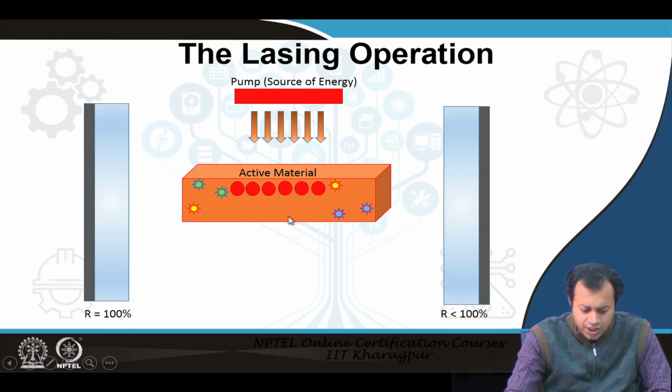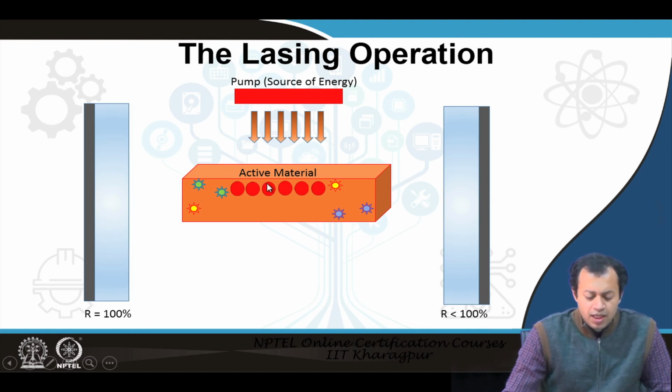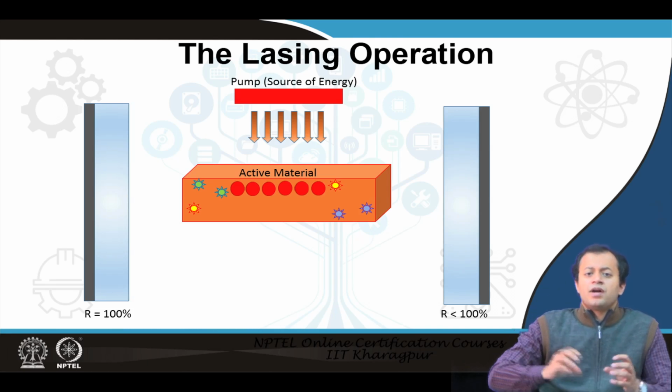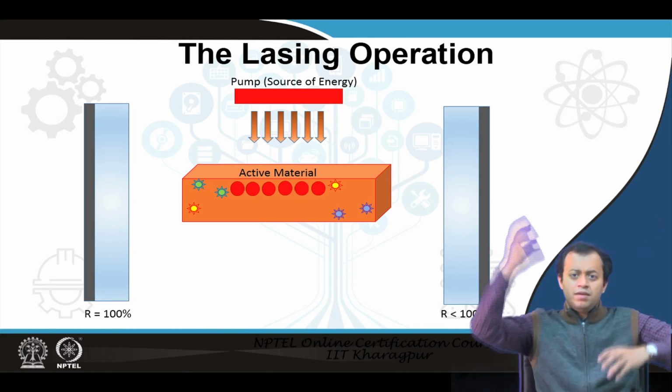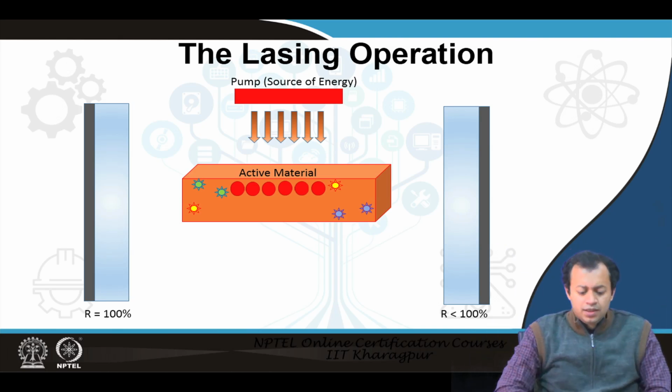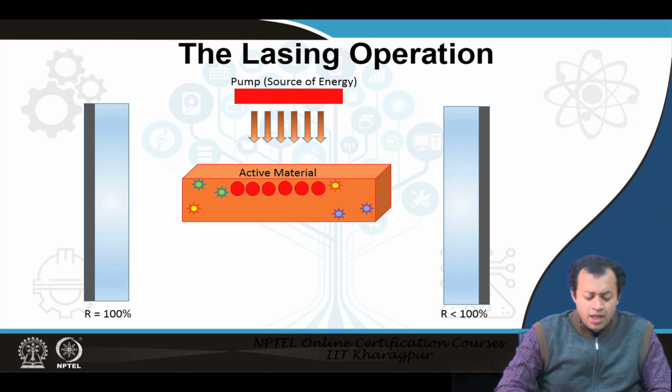This will return to the original ground level position, and the colors represent different types of photons that it will emit. Different photons at different times, because different electrons moved at different times to different levels, and they returned back and randomly emitted different types of photons.